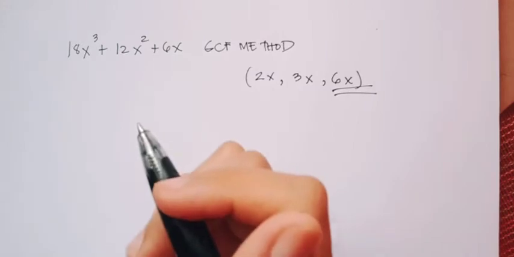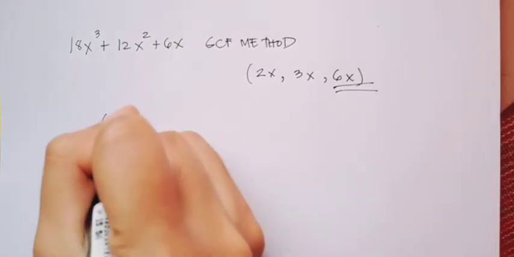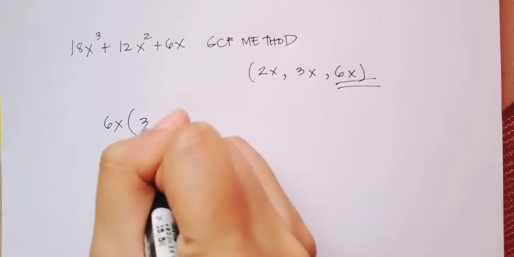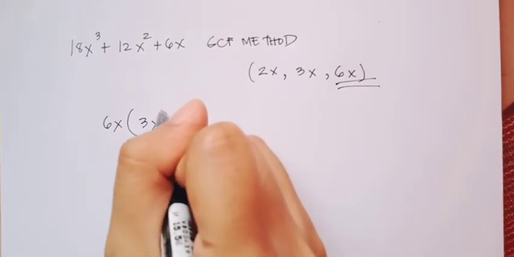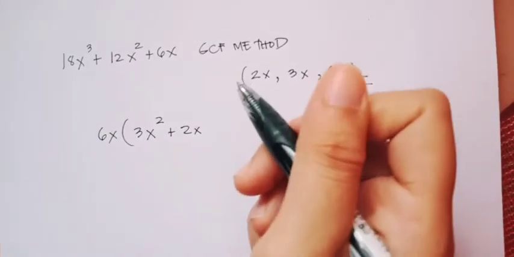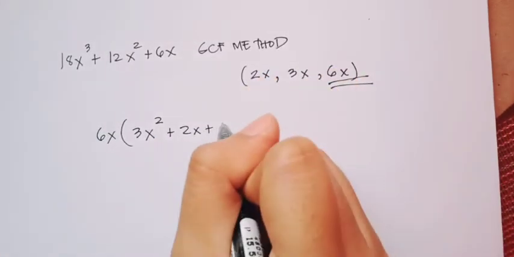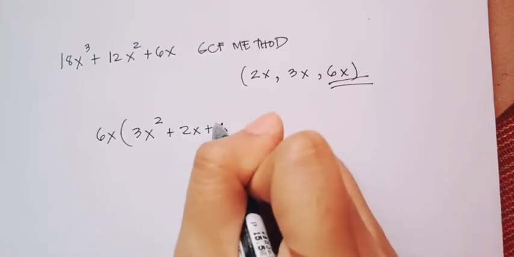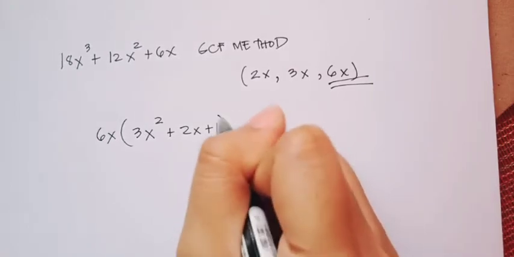So this could be written as 6x times the quantity of 3x squared plus 2x plus 1. Sorry, that would be 1.